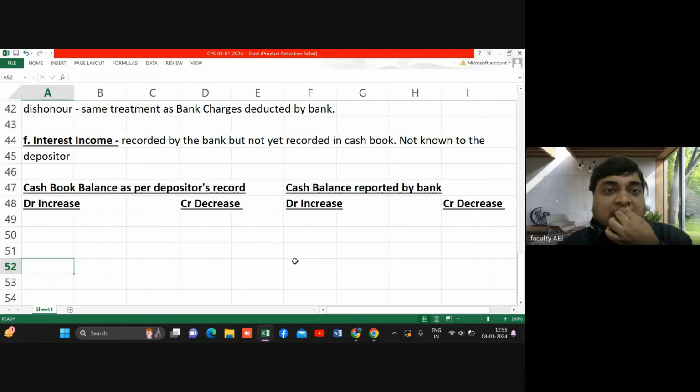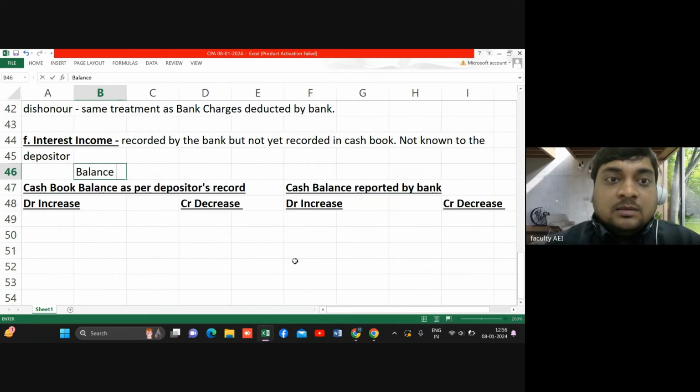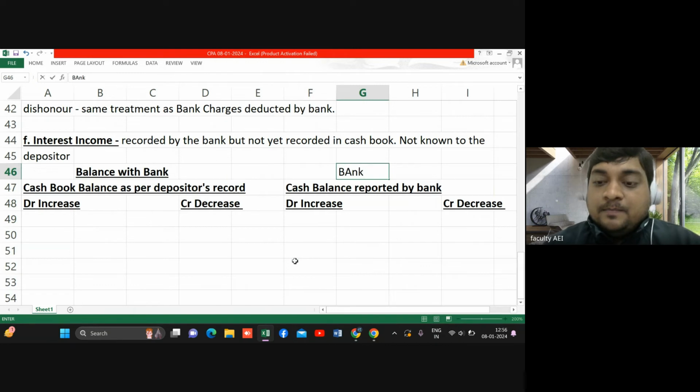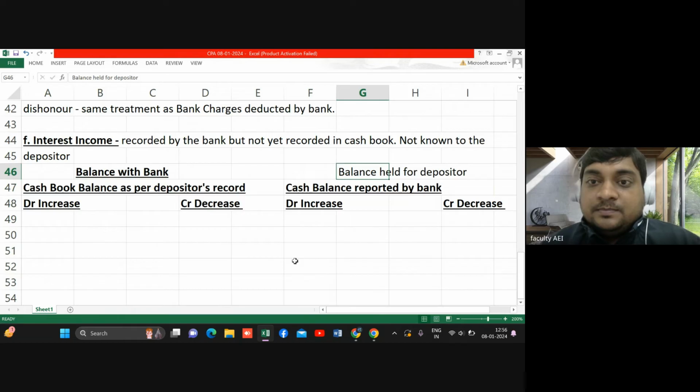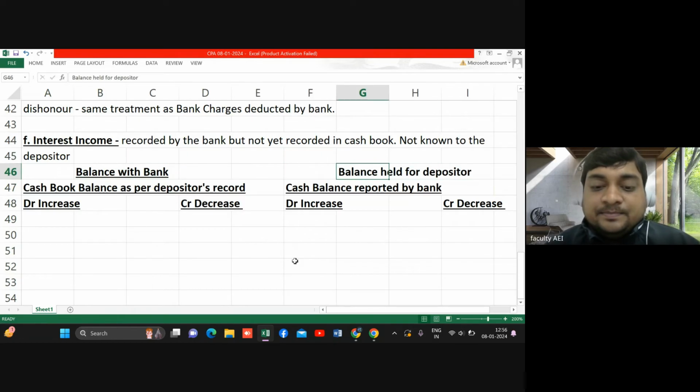Now, always remember one thing: we increase our cash book balance, right? This is balance with bank, and this is balance held for depositor. So this is an asset for us, and this is always a liability, right?